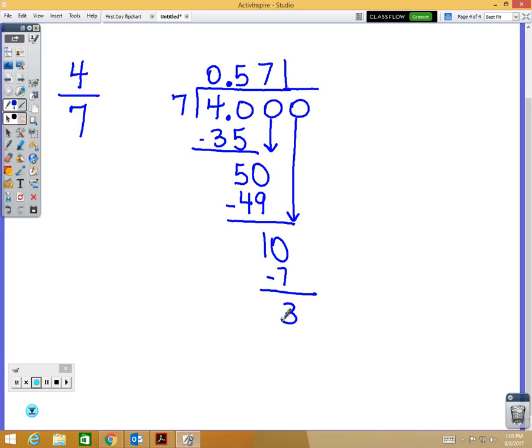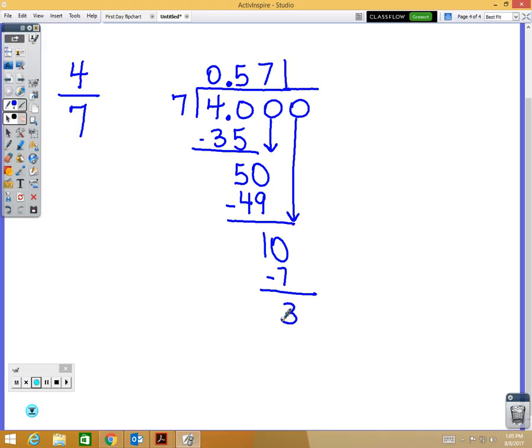Well, technically we could go until we see what's repeating, okay? But if you remember what I said before we ever started this lesson, the whole purpose of what we are doing is to know how to be able to compare fractions and order fractions from least to greatest. We probably do not need any more than 3 decimal places, to the thousandths place.